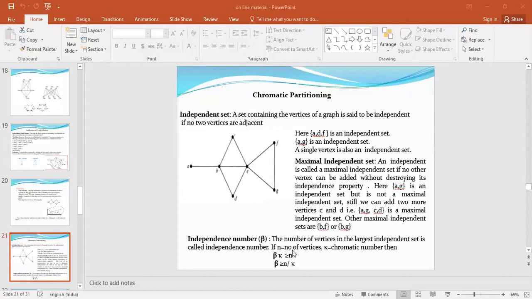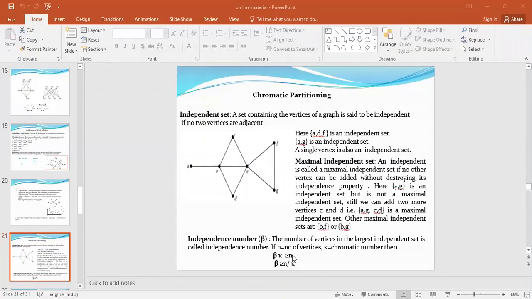If n is the number of vertices and kappa is the chromatic number, then beta into kappa is always greater than or equal to n. What is n? n is the total number of vertices. And what is beta? Beta is the number of vertices in the largest independent set. So beta into kappa is always greater than or equal to n.